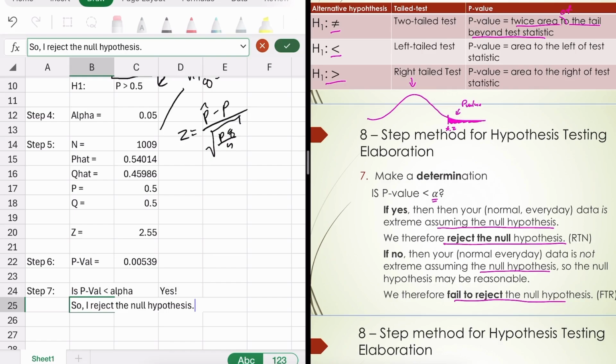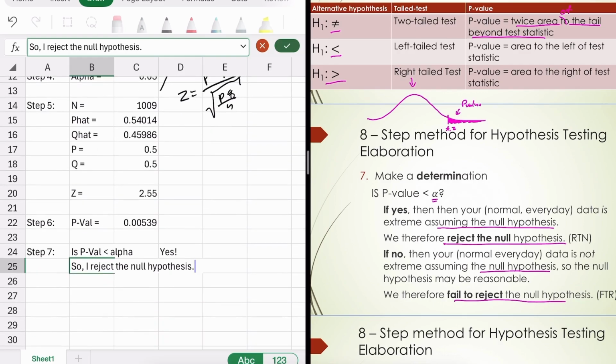And so what that means is that my sample is really, really extreme. But why is it extreme? It's extreme assuming the true population proportion is 0.5. I'm going to say that assumption doesn't work. That's a bad assumption because my data should not be unusual, should not be significant. It's just normal data. All right, and so that's how that works. So I reject the null hypothesis.